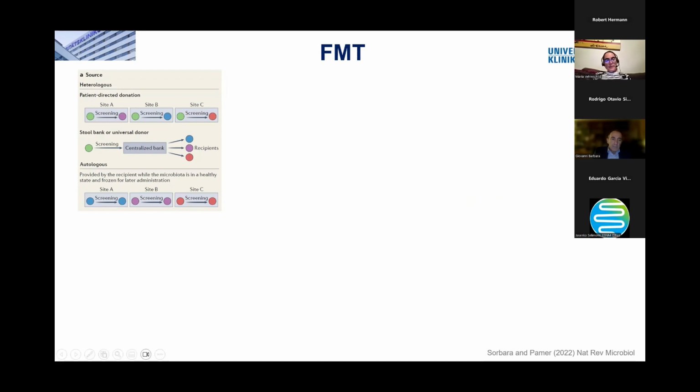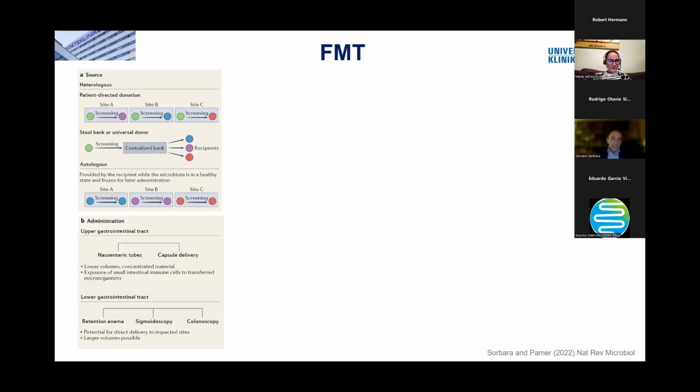And then there is the option of autologous treatment, but this is really not very much implemented worldwide. So I could today, for example, make a preparation of my own feces, and if I ever get ill, I could use it to treat myself. A very nice concept, but from a regulatory perspective, a bit complex.